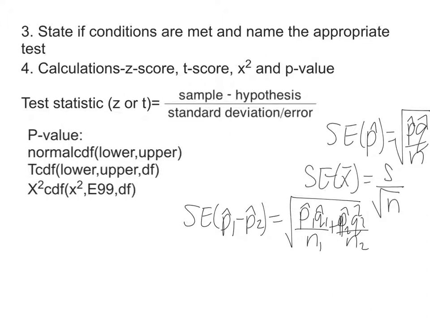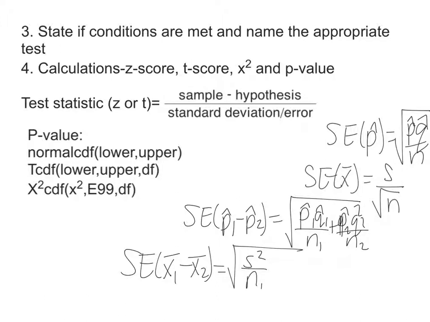And with that test you also have the pooled standard error, where you would use p hat pooled instead of p hat 1 and p hat 2. And then the standard error for x bar 1 minus x bar 2 is the square root of s1 squared over n1 plus s2 squared over n2.